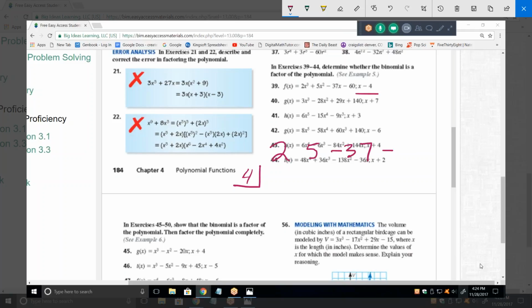And then negative 60. Okay. In other words, you need zeros only if you're missing a variable. We're not missing any. We have x cubed, x squared, x, and a number. Okay. You're good with synthetic? Good enough for me to do it? Yeah.